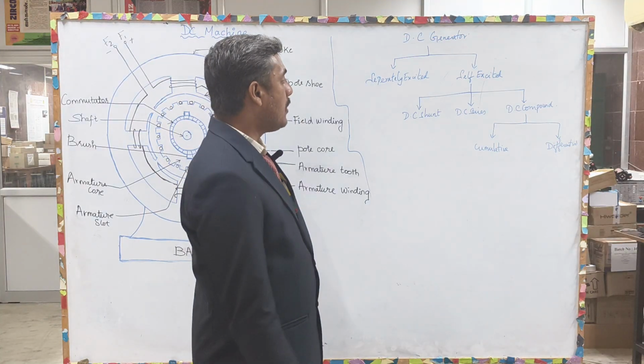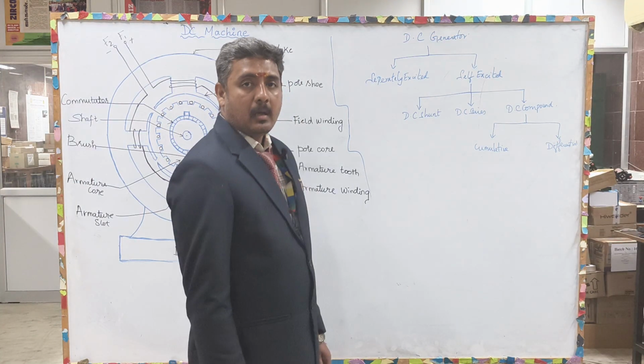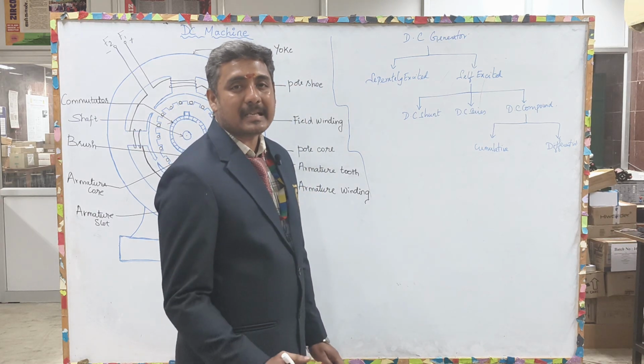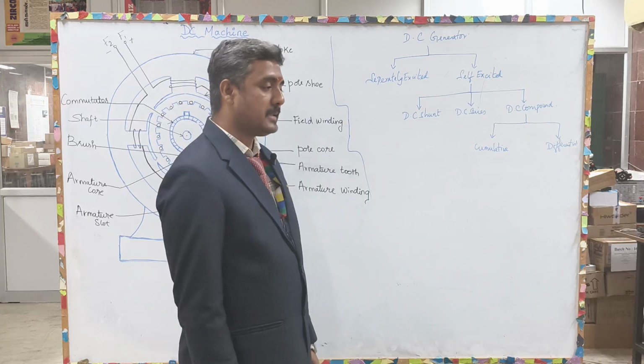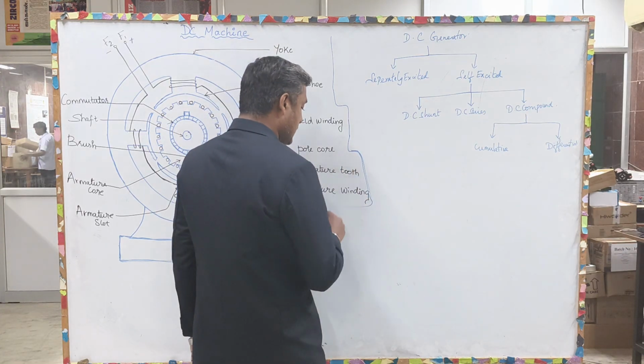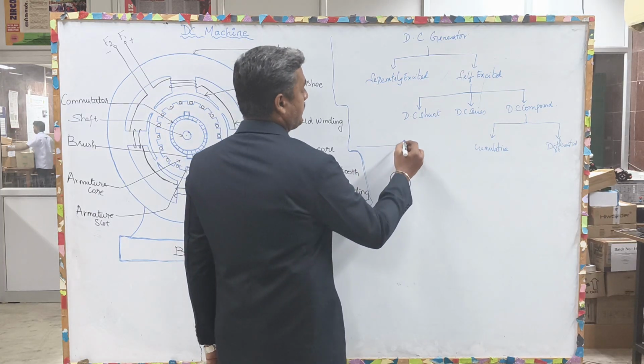Now our first aim is to draw the electrical circuit of the DC generator. How can we draw the electrical circuit of the DC generator?